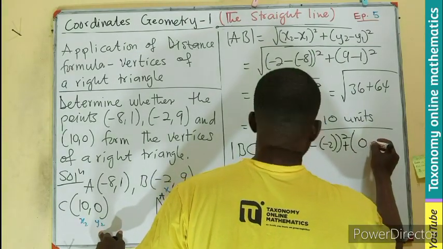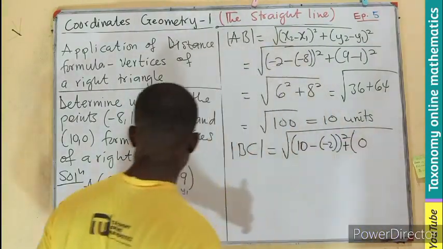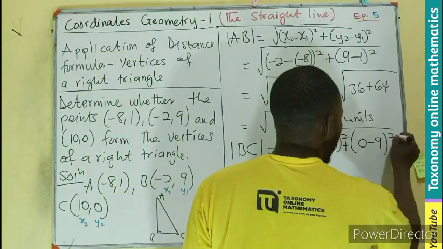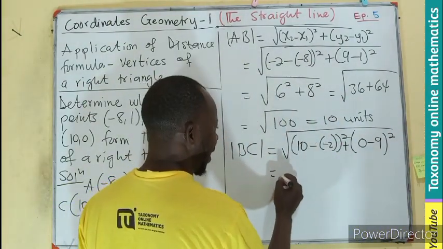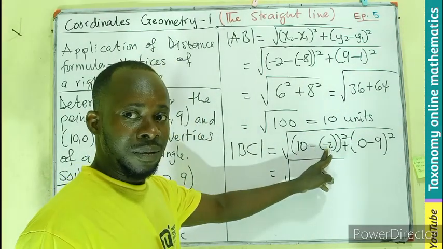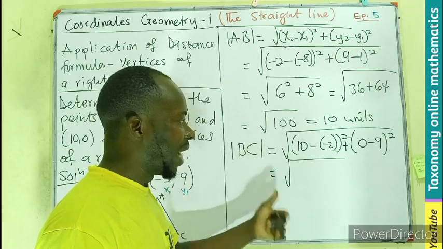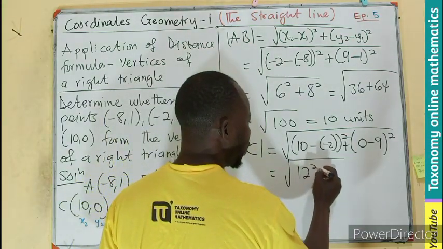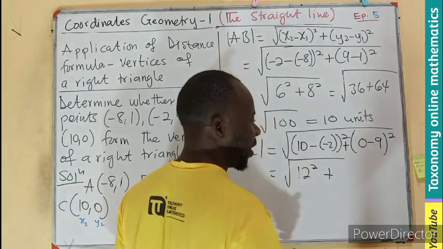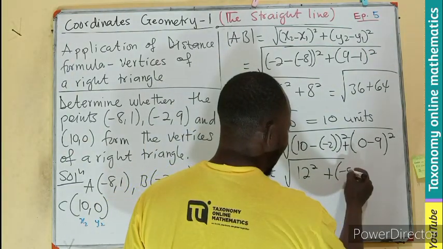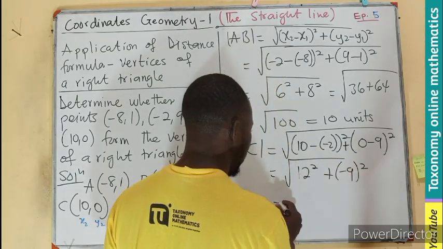Plus 0 minus 9. So I have 9 all squared. In this place, negative will become positive. So I'll be having 10 plus 2, and that will be 12. Then 0 minus 9 will be minus 9. So I have my minus 9 all squared.